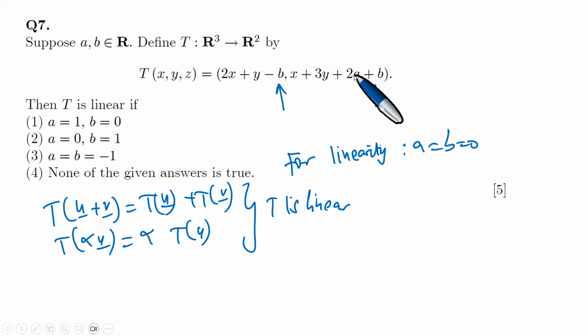So B must be zero, and A must be zero, so that we do not have the A and B here. So for linearity, A equals B equals zero. Then T is linear if what? So the answer would have to be 4 here, none of the above, because A and B must both be zero.